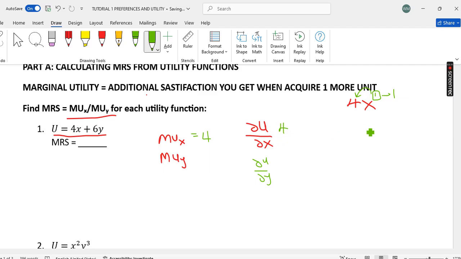We remain with 6y. We need to derive 6y. So it's like 6y to the power 1. Remember, deriving: exponent multiplied by coefficient number in front of the letter, 1 times 6, that is 6. Subtract a 1 from the exponent, 1 minus 1, 0. Now we don't need to show y to the power 0.